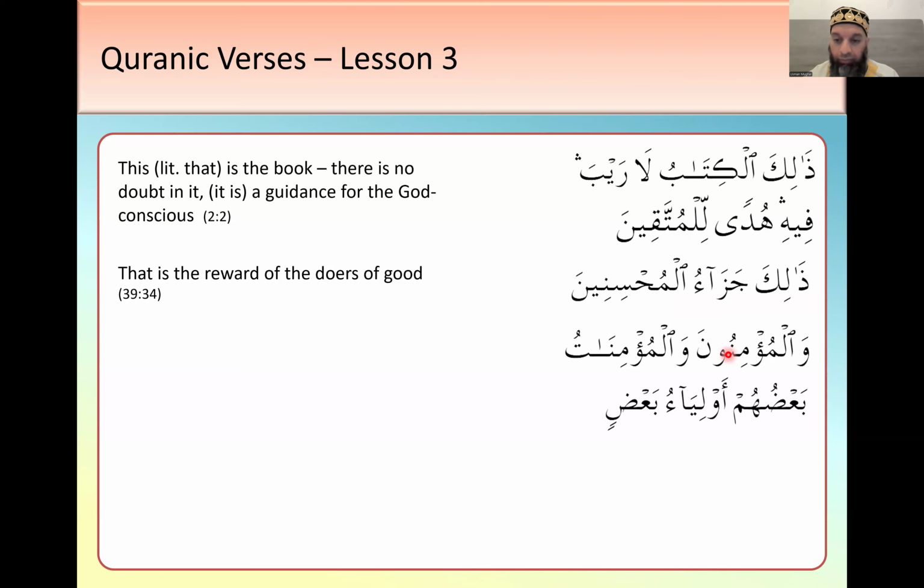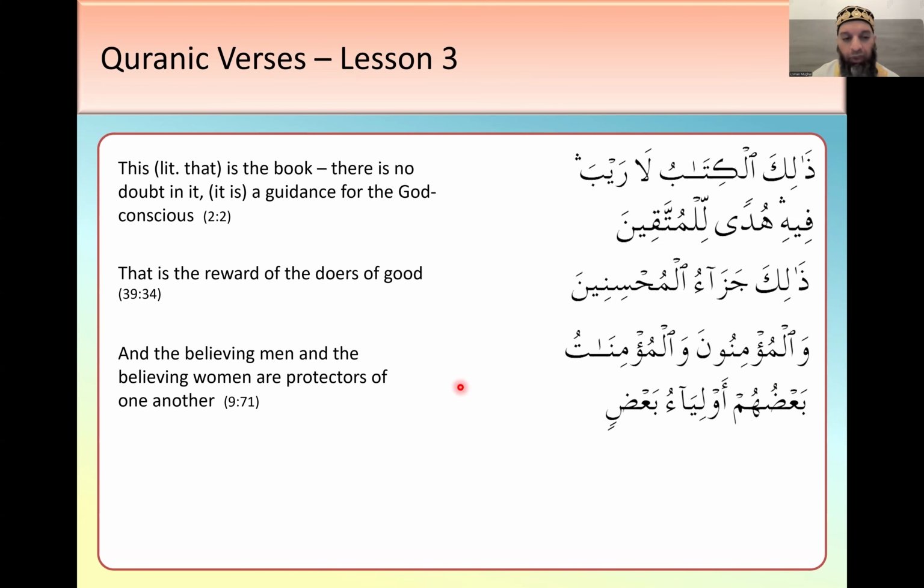Next one. Another verse here. Wal mu'minuna. What's wal mu'minuna mean? Well, let's just bring the translation up, make it a bit easier. So mu'min is believer, man, and mu'minuna is believing men, and the believing men.